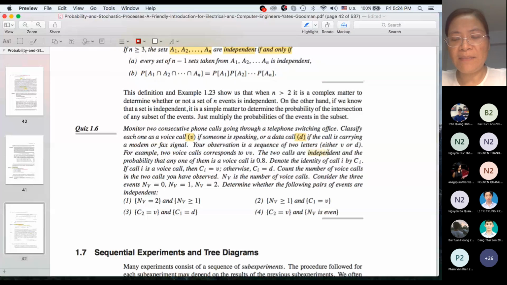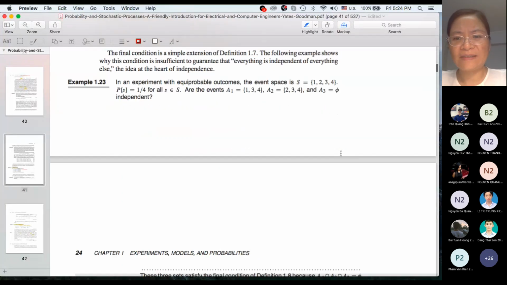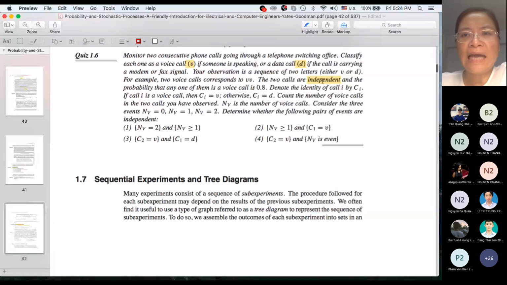You remember independent. The 2 calls are independent, and the probability is 0.8. Denote the identity of call i as Ci.